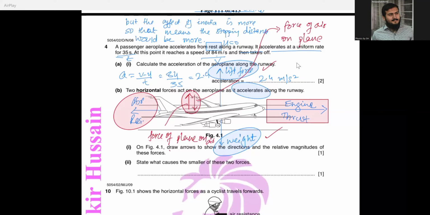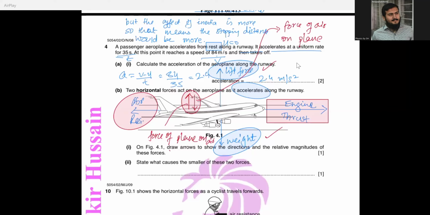What causes the smaller force? The speed of the aeroplane. When the aeroplane picked up speed, it got air resistance. The movement of the aeroplane, the air rubbing with the aeroplane. What about friction? It's not friction.